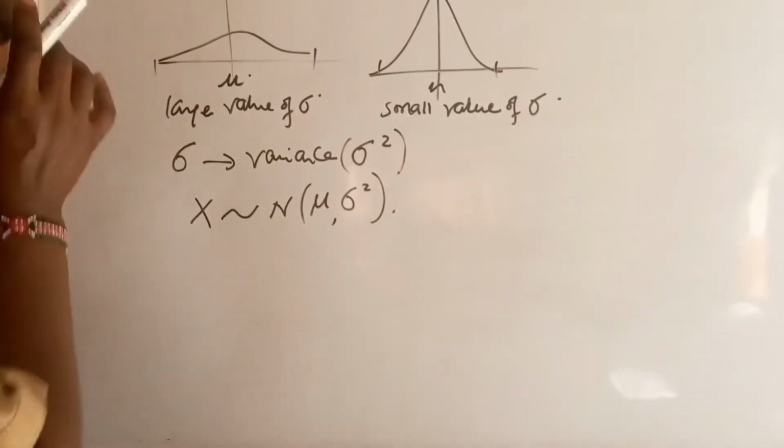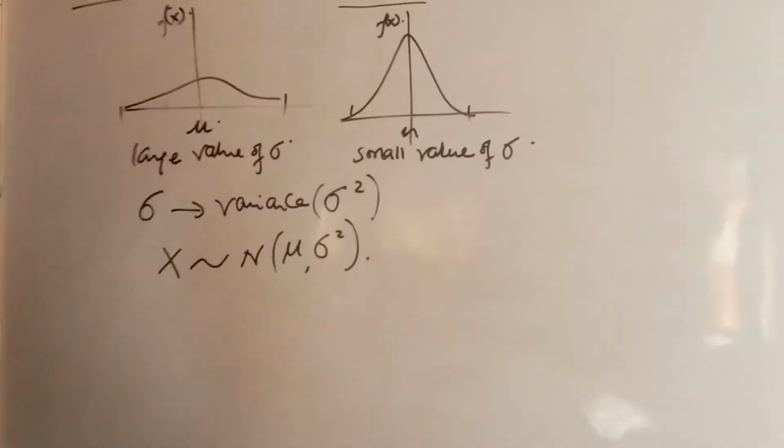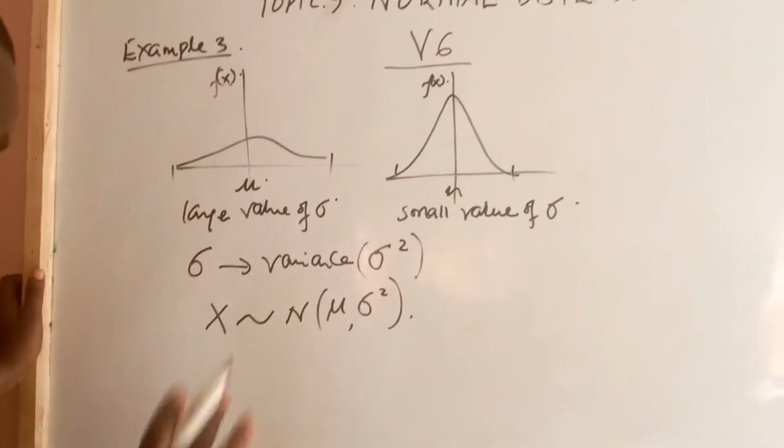Now, this can be transformed into the random variable z.